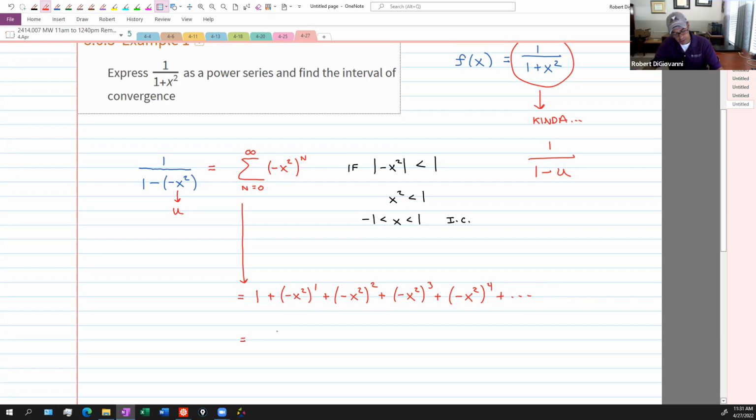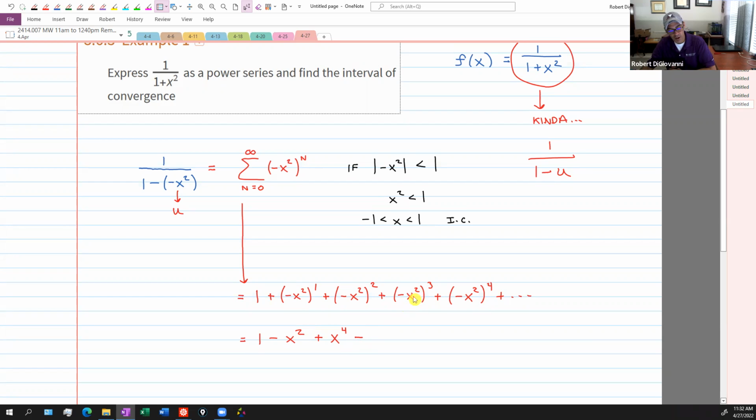All right, let's do this. This is 1. If I take negative x squared and raise it to the first power, I just get negative x squared. What happens if you take negative x squared and square it? Negative becomes positive, right? X squared becomes x to the fourth. So this will be plus x to the fourth. And then the next one, I'm taking a negative and I'm cubing it, so it'll stay negative, right?